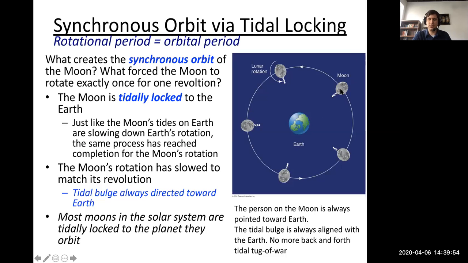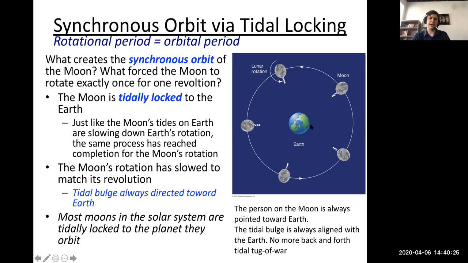And in the past, the moon certainly rotated faster than its orbital period, but then its tidal bulge would rotate ahead and the Earth would pull it back. And that process would keep on going, slowing down the moon's rotation until its natural conclusion, where the tidal bulge would always be pointed in the direction of the Earth, so that as it rotates once, it keeps the tidal bulge always pointed in the same direction.